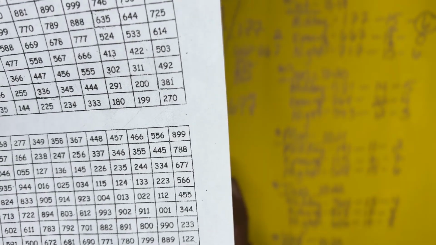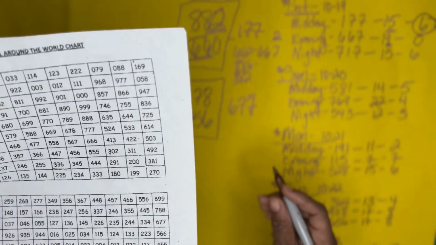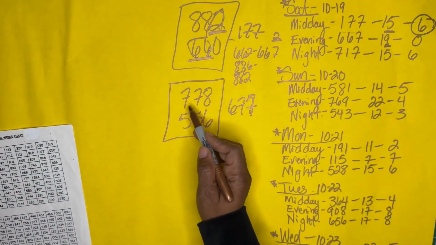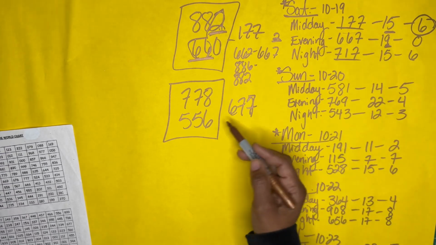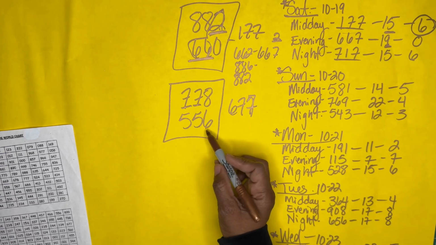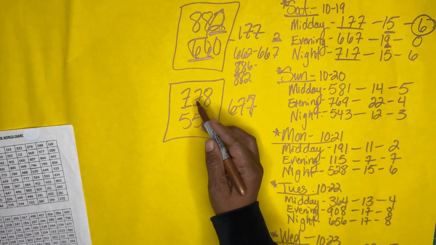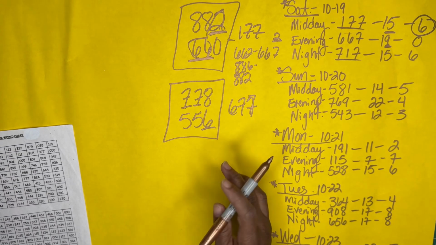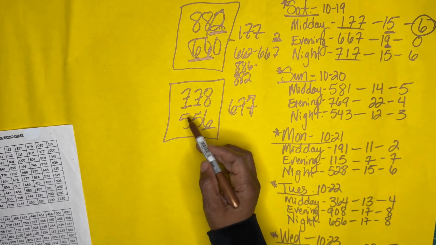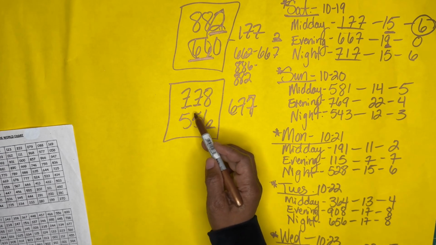The next number was 717. So that was a repeat number. They brought that number back. 776 could have fallen. The only thing they did was flip that number. But that 776 is there.